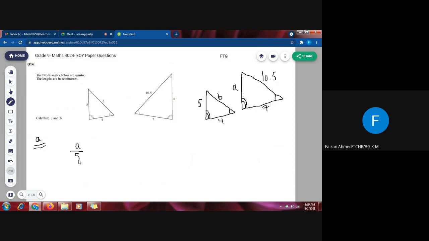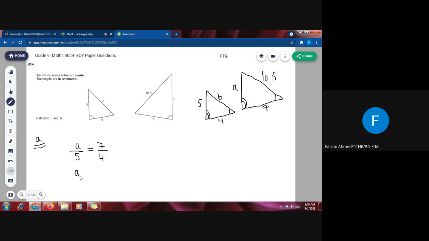I will compare the corresponding side ratios, and I will take one more side. Since I have taken the bigger triangle first, I will write 7 in the numerator, and compare it with its corresponding side, which is exactly this one. So I will write 7 upon 4, and now I will use the cross multiplication technique to find the value of A.